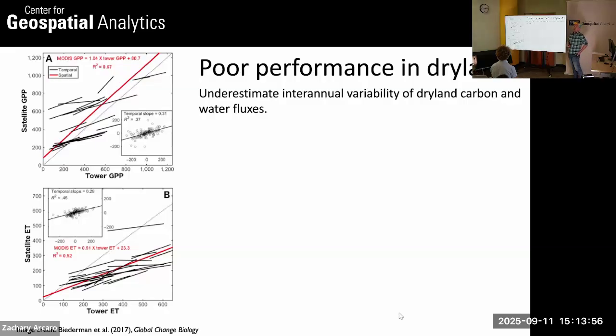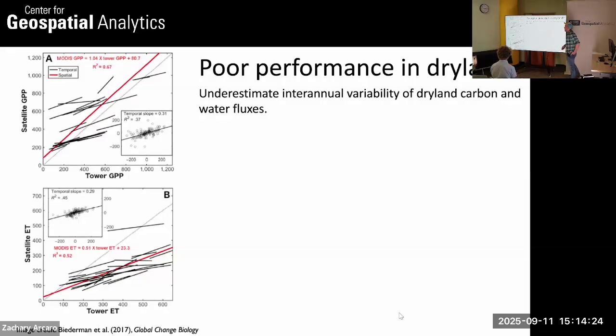But here's the problem. Remote sensing doesn't do a great job currently at estimating especially the variability of carbon and water fluxes in drylands. This is from a paper published by one of my collaborators back in 2017, examining how well one particular satellite-based model was doing at capturing variation in gross primary production on the top and evapotranspiration on the bottom.